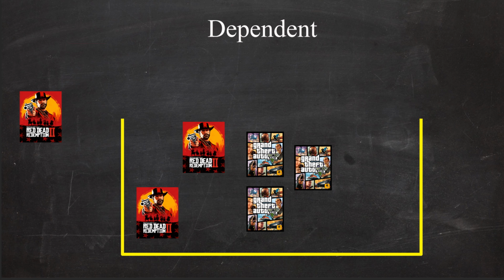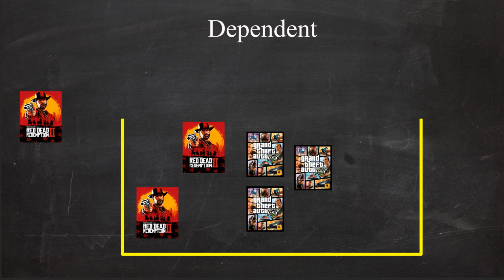So here, if we want to determine the probability of grabbing a Red Dead Redemption on the second try, we need to understand that it is a dependent question because the probability changes.